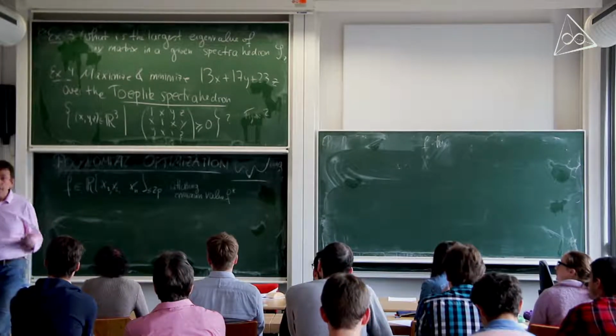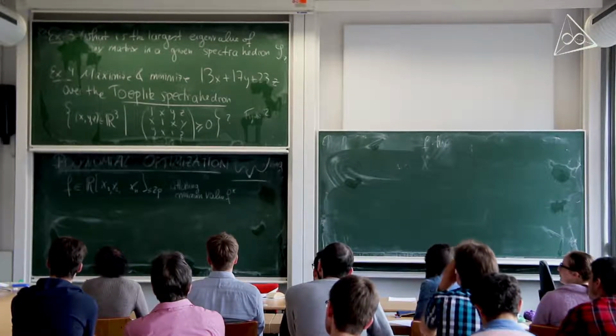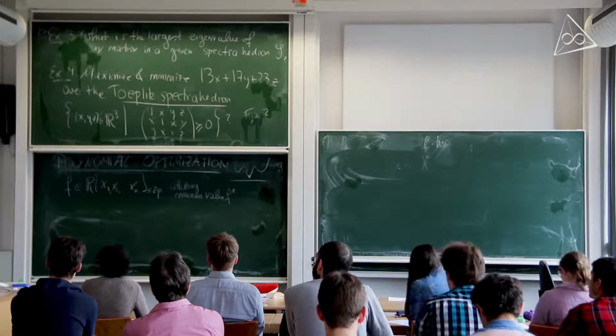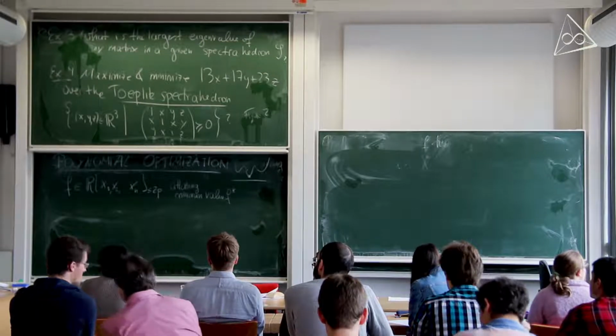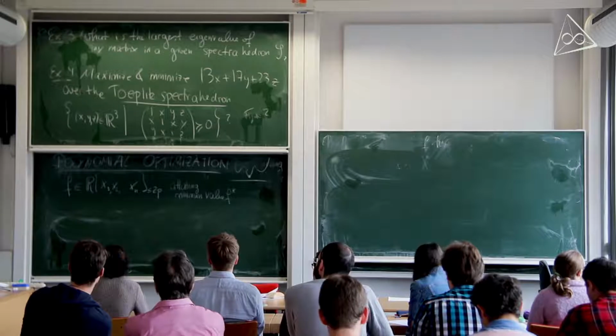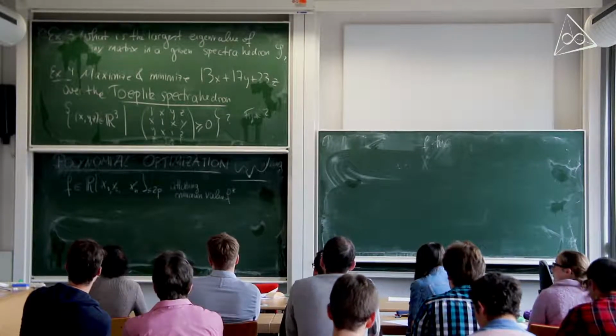So the boundary is a quartic surface. The vanishing of this determinant is a surface of degree 4. That quartic surface, as you see in the picture, is reducible. It's the union of two quadratic surfaces. And let's just optimize one function over this. So maybe 13x plus 17y plus 23z.